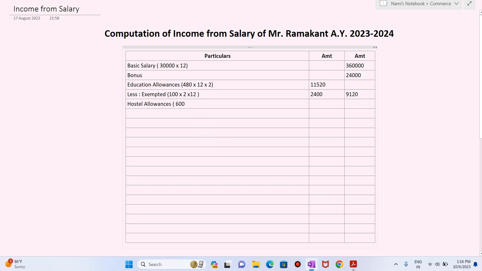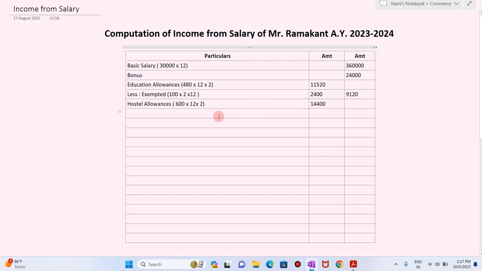So 600 multiply by 12 per month, multiply by 2, because two children are there. So in inner column 600 multiply by 12 multiply by 2, we get 14,400. Here 12 is for per month, and 2 because Ramakant is having two children. So total we get 14,400.